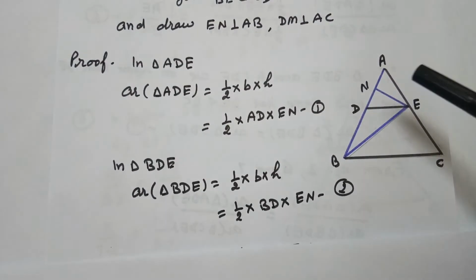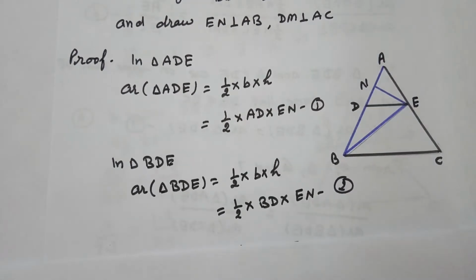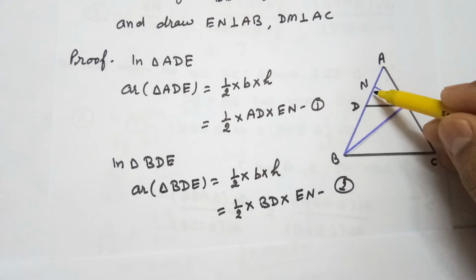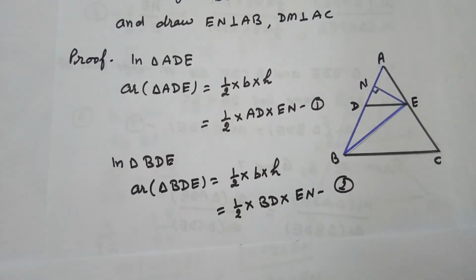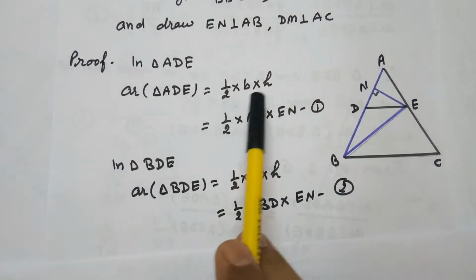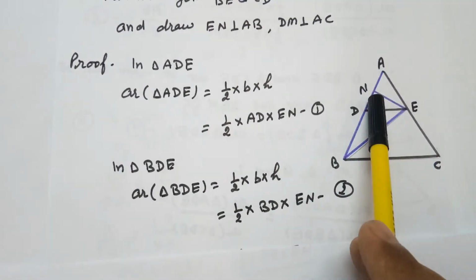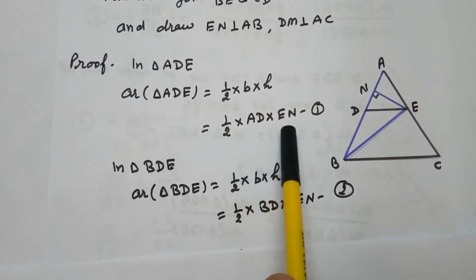First we will take triangle ADE. In this triangle ADE, because EN is perpendicular, the area of triangle ADE equals half into base into height. Here the base is AD and the height is EN, so it is half into AD into EN.